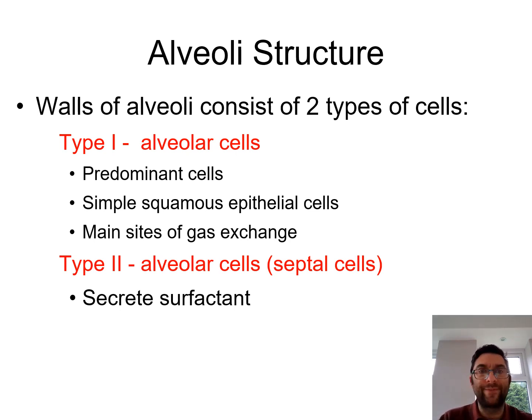And this surfactant coats all the alveolar walls, and this prevents the alveoli from sticking together following expiration, and then allows them to reinflate during the next inspiration. So essentially it acts as a lubricant to prevent the lungs from collapsing.